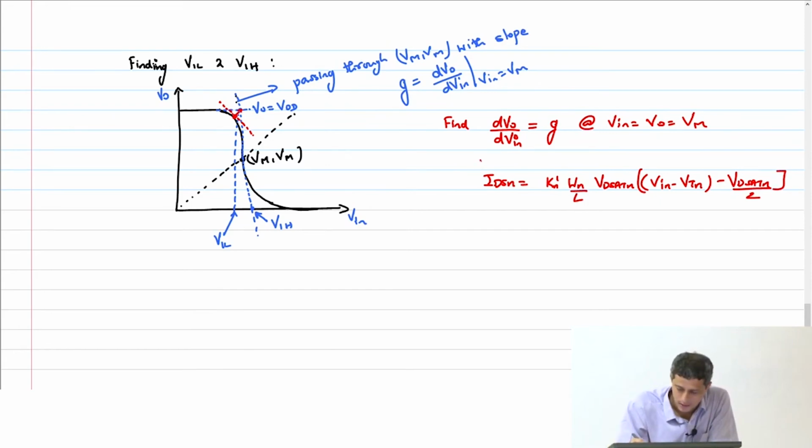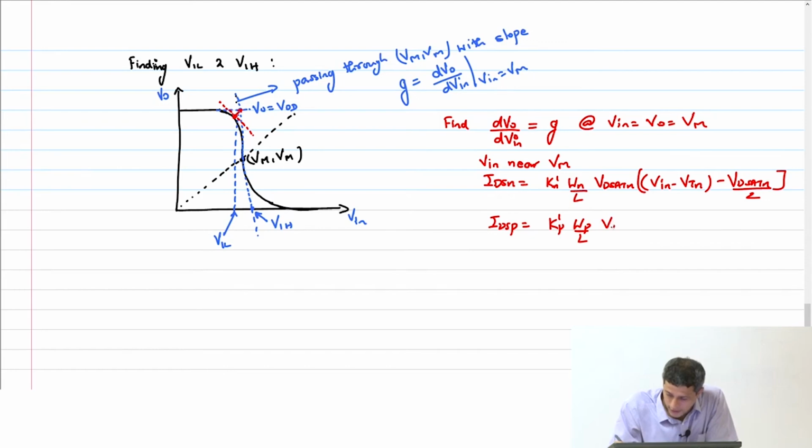This is V in near Vm. IDSP is Kp prime Wp by L Vd sat P into V in minus Vdd minus Vtp minus Vd sat P by 2.